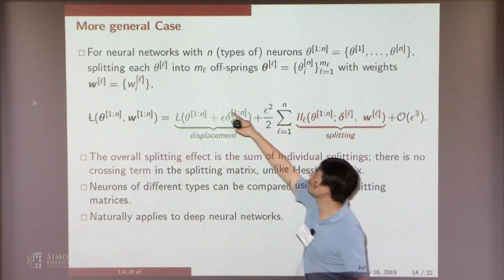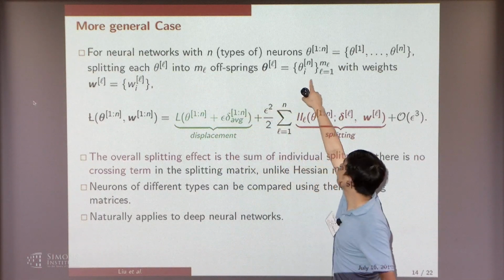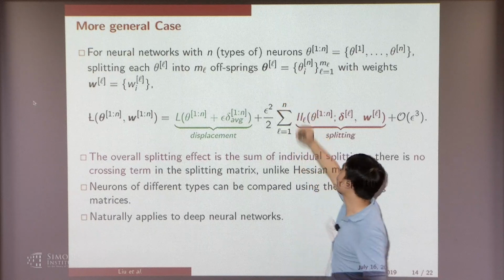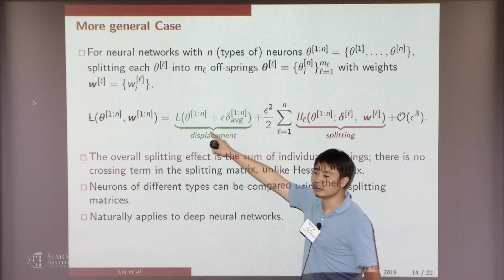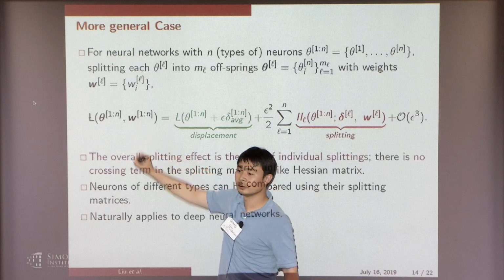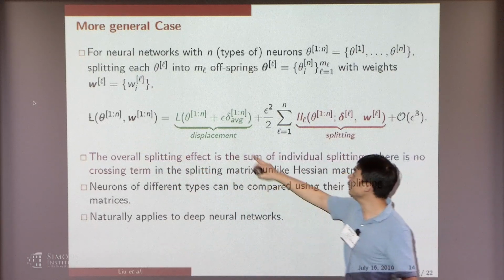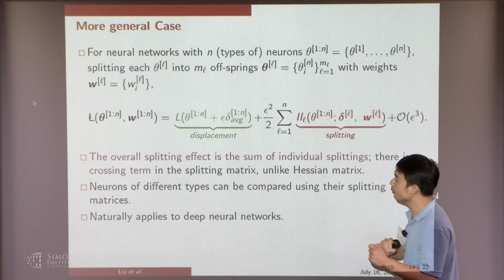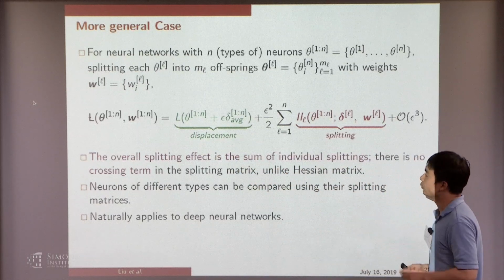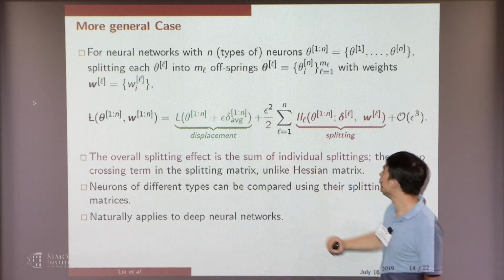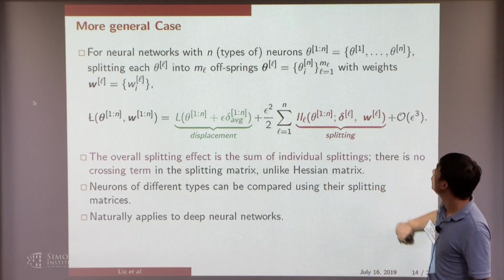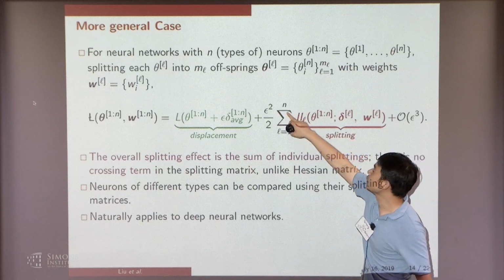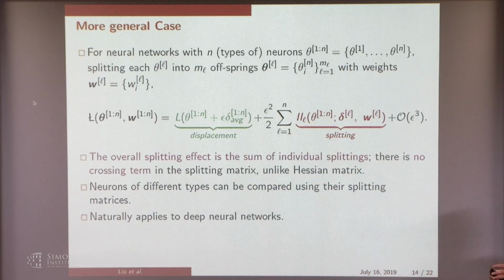For each of these neurons, we can split it into multiple copies with different weights. Then the overall augmented loss is again equal to the loss you get by just updating along the average direction without changing the structure, plus this splitting term, which is really just the sum of the splitting matrices of the individual neurons. So it's a very good result.